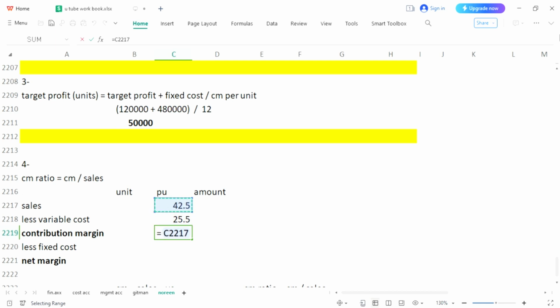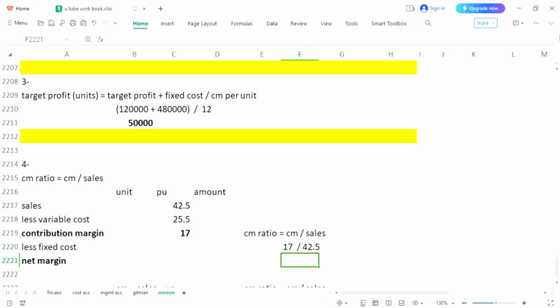Sale is 42.5, subtract variable cost 25.5, so we have our new contribution margin. Here we will get the CM ratio again. To satisfy ourselves, CM would be divided by sales. CM here is 17 and we need to divide it by sales 42.5.